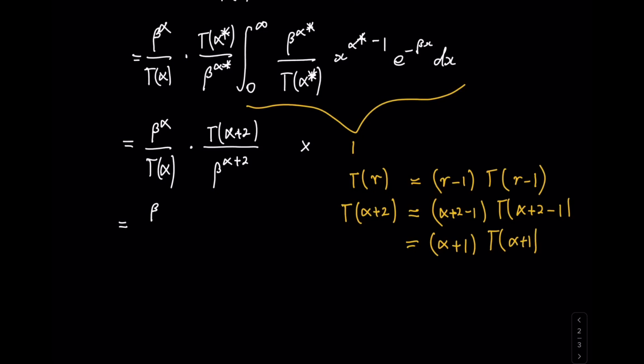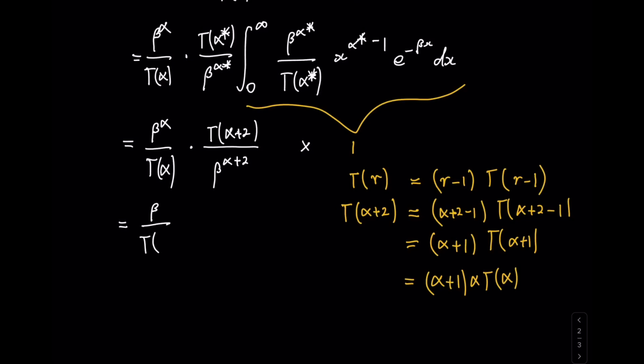And then again, we iteratively do the same component, where we've already established alpha plus 1 at the front, and gamma of alpha plus 1 simply becomes alpha multiplied by gamma of alpha.